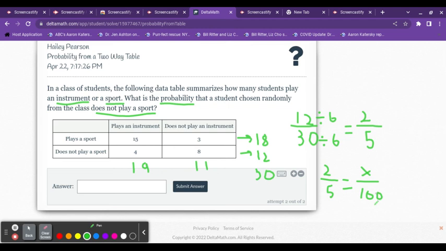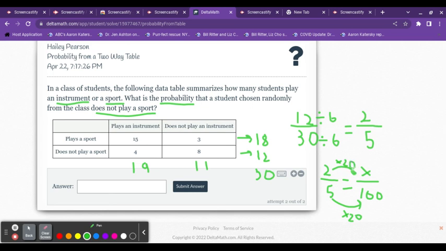So you can cross multiply, or what I like to do is, I know that 5 times 20 gets me to 100. So I would multiply the numerator by 20 as well. So 2 times 20, and then my percentage would be 40.